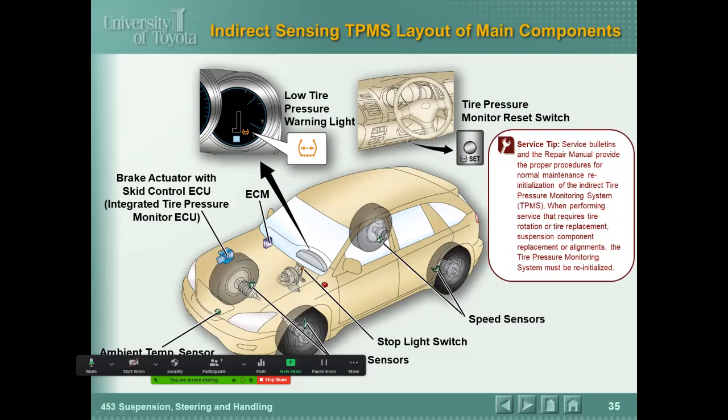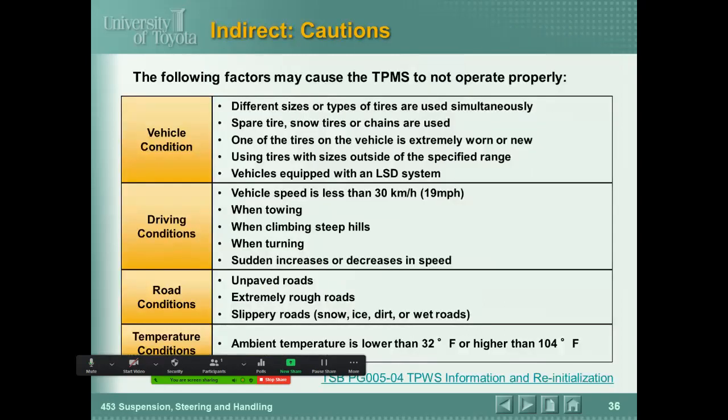And we're still going to have a TPMS warning light. It's everything that we're already used to seeing. So these are different factors that can cause the TPMS system not to operate properly. So just be aware that these things can cause the system not to operate correctly.